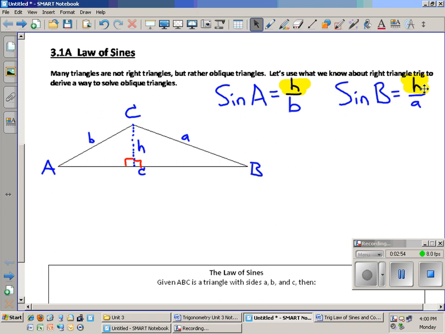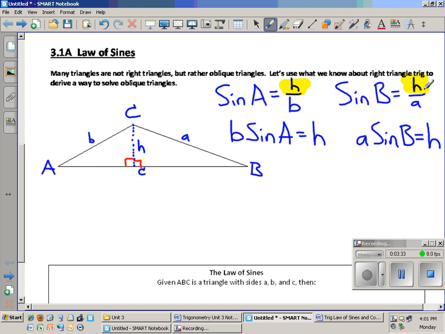That's going to be useful for us to write a new expression. If I want to solve for H, I'll multiply both sides by B. So we have B times the sine of A is equal to H. And we also have A times the sine of B is equal to H. Now, if they're both equal to H, then they're both equal to each other.